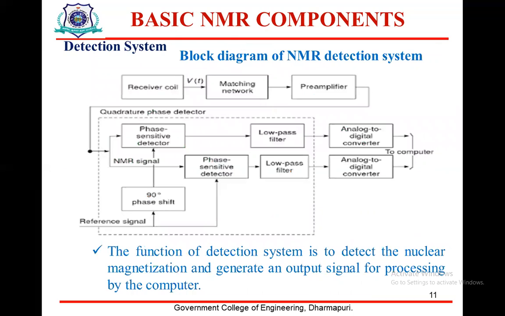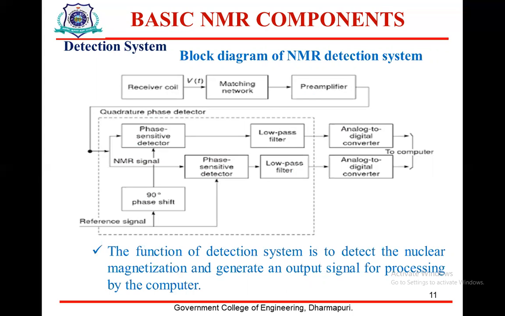This is the block diagram of the detection system. The reference coil and the NMR signal are given to a phase sensitive detector. There is a reference coil with matching control, and the signal is given to the preamplifier for amplification.